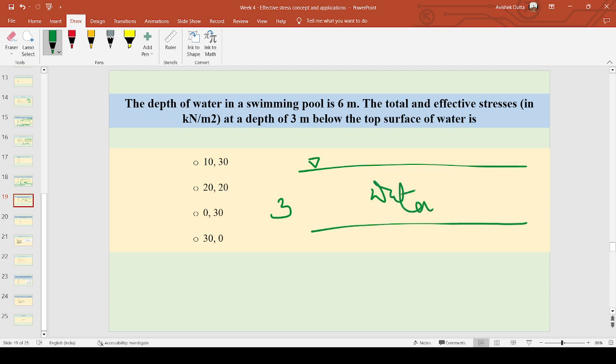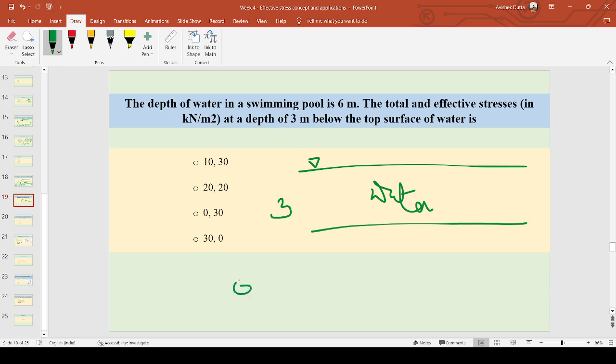If it's only water, then effective stress will be 0 because there is no soil and there is no grain to grain transfer of load. So effective stress is 0. And total stress is the pressure of water. Nothing is given over here, so we consider gamma W equals 10. So 10 into 3 becomes 30.